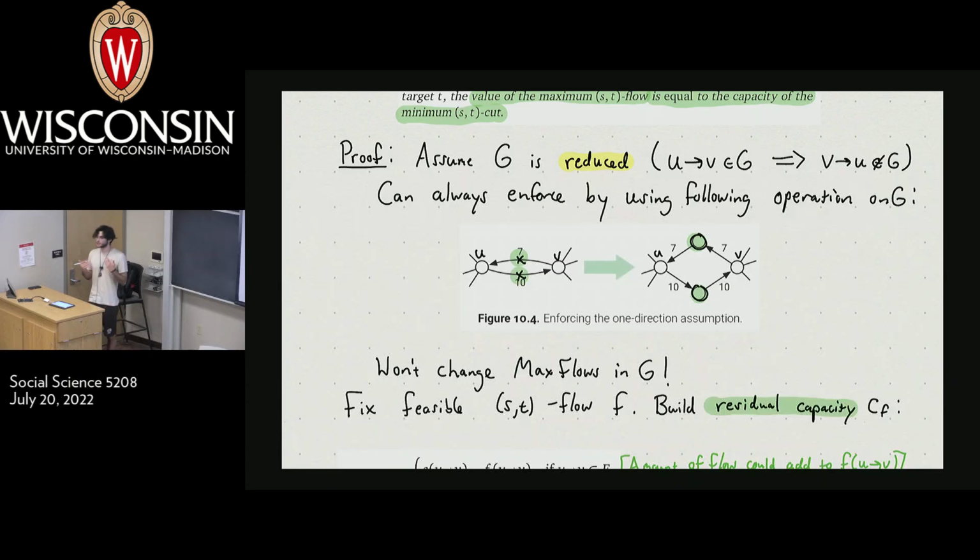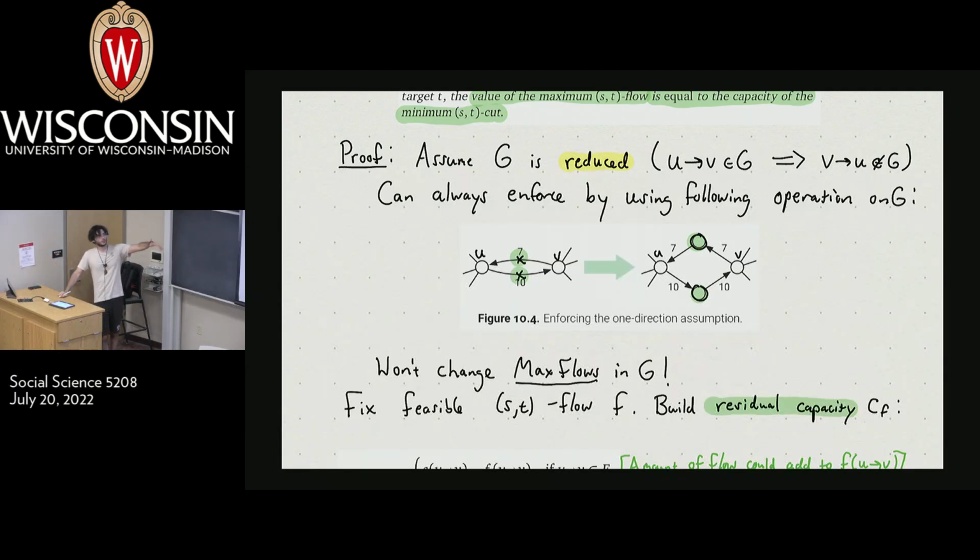You still have the potential for the same kinds of flows, but now the reduced property is enforced. So in particular, it won't change the max flows in G. So if we create a max flow for the reduced graph, then we can also just collapse the flows on those intermediate nodes, the green ones. We just remove these nodes, and we can get a flow for the original graph.